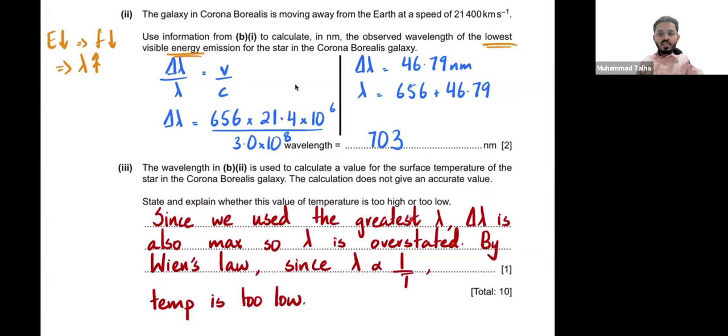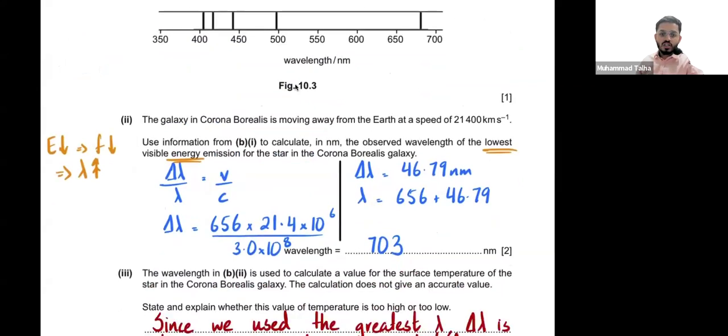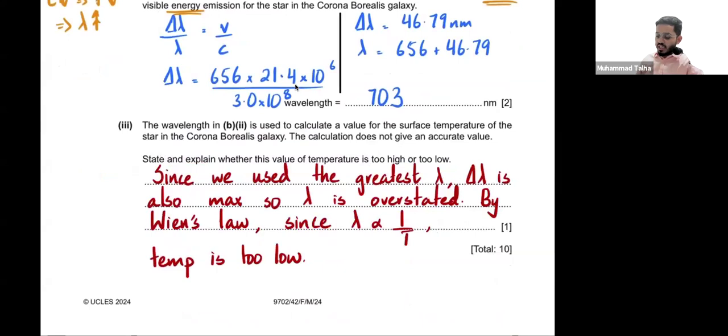So what we use here is the maximum wavelength that we calculated, and we used that to find the surface temperature. So we must have used Wien's law. Lambda is inversely proportional to T. Now, because we did use the max wavelength without even saying whether this is the max intensity or not, probably the lambda value we used was overstated.